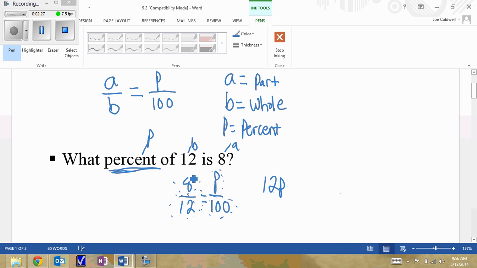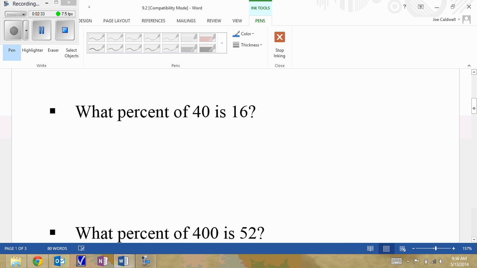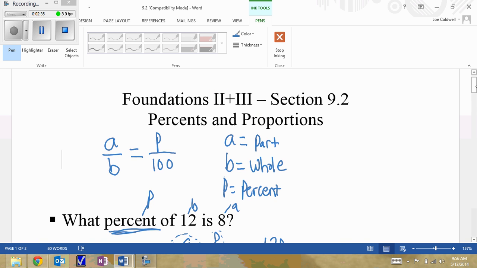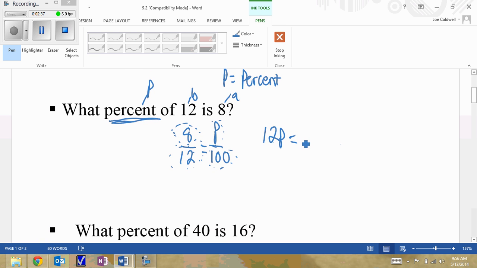And then I have another cross product, which is 8 times 100, or 800, and then of course we would need to divide both sides by 12.